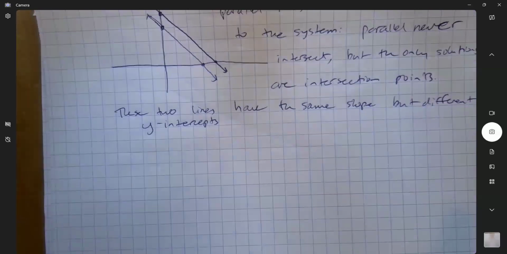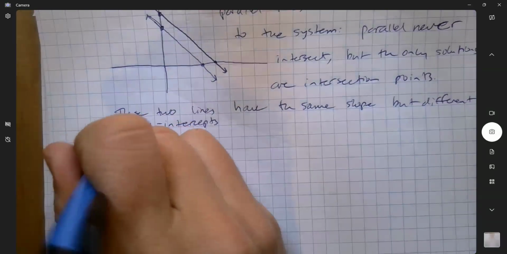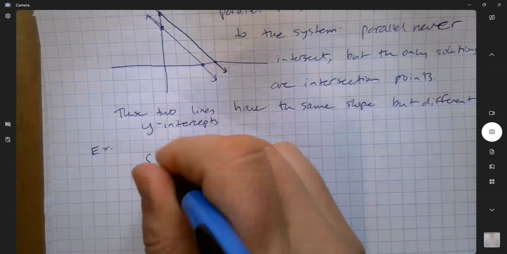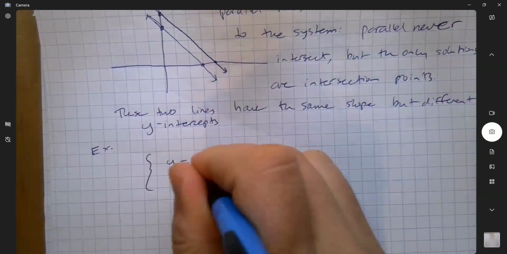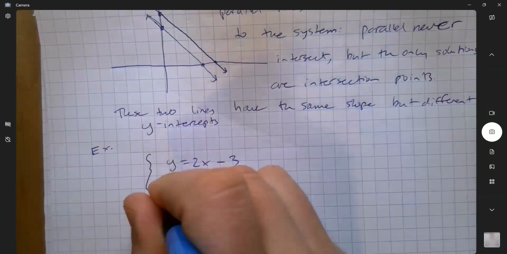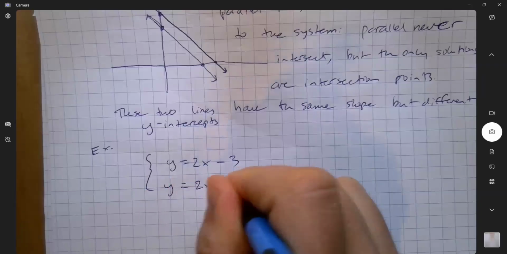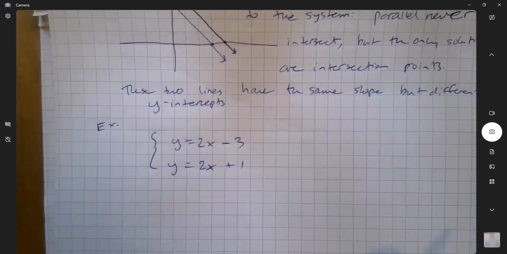Well, let me show you another example. This time I'm going to write it in slope-intercept form. y equals 2x minus 3 and y equals 2x plus 1.